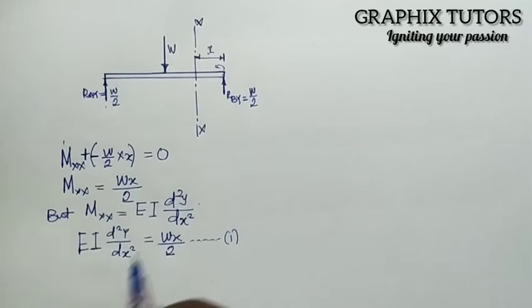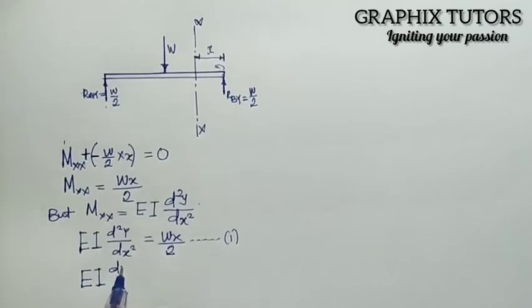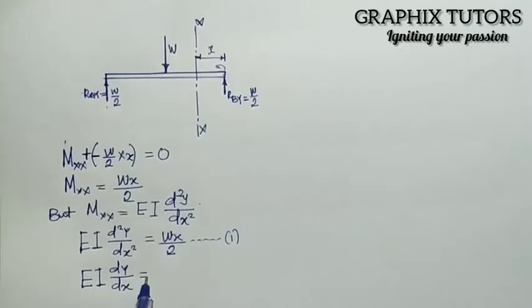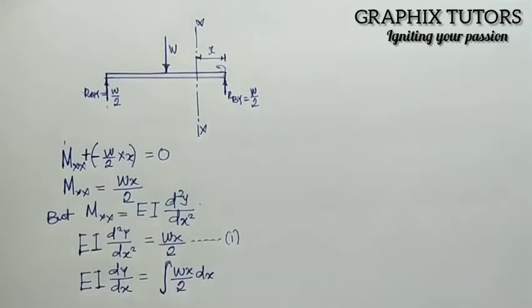So if I integrate, I'll be having EI dy over dx, and that will give me the integral of WX over 2 dx.